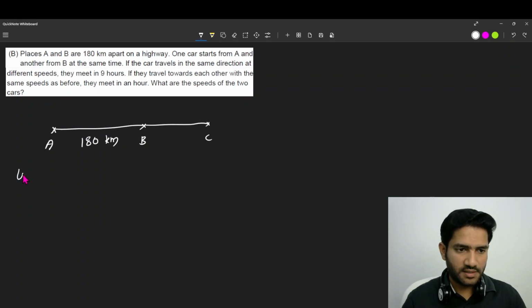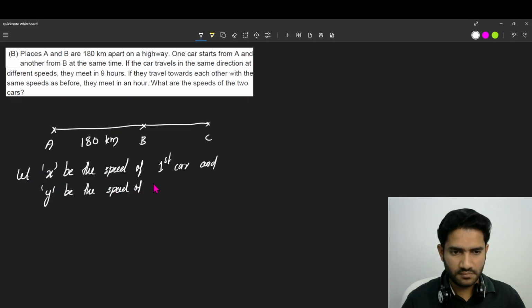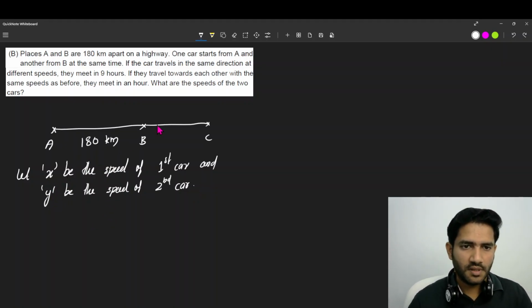So just let x be the speed of first car and second variable y be the speed of second car. Okay, speed means kilometer per hour.